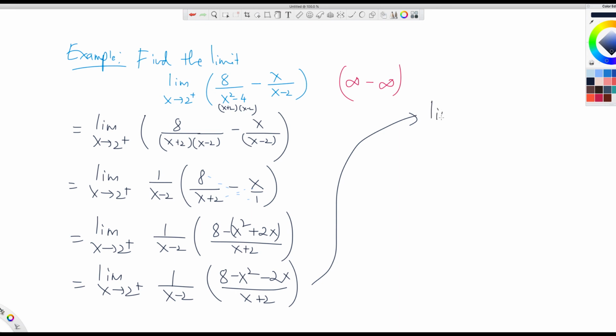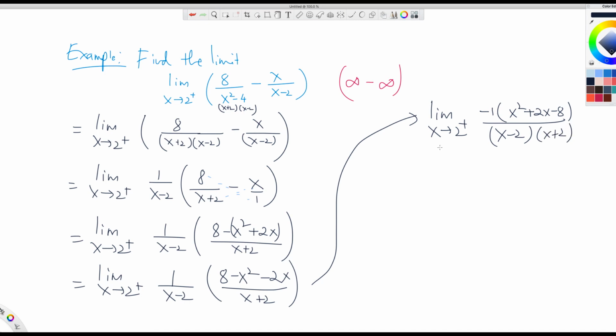I want to write the x squared positive, so I want to write the negative 1 outside. So negative 1 times x squared plus 2x minus 8 divided by x minus 2 times x plus 2.